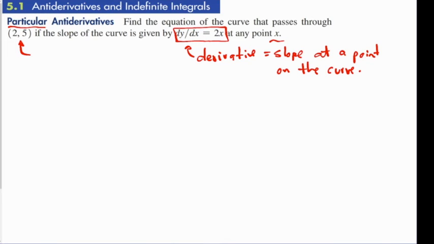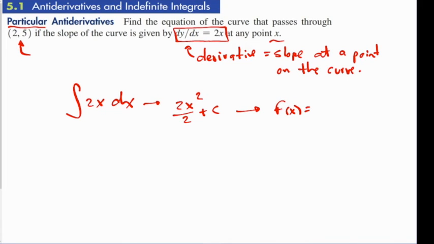We would like to find the actual curve. So to do this, we want the antiderivative. So we're going to use this symbol, the antiderivative symbol of 2x, that's what's calculating the slope for any point x, dx. And when we do this, we see that we get 2x squared over 2 plus c, which simplifies to f of x equals x squared plus c.